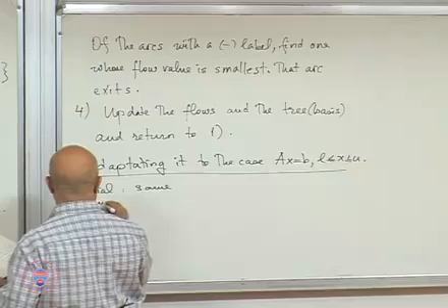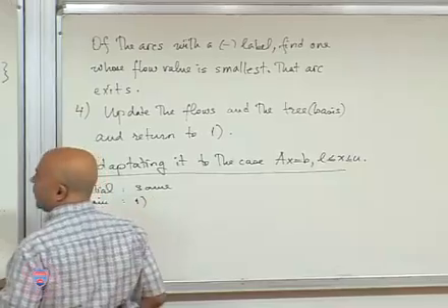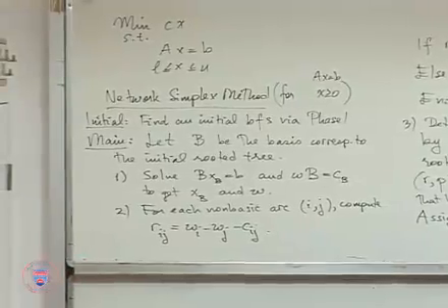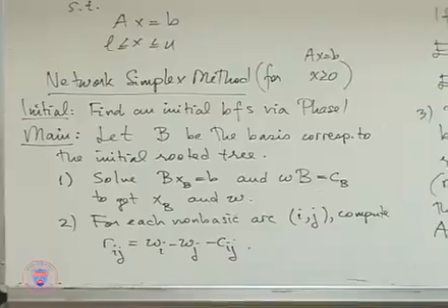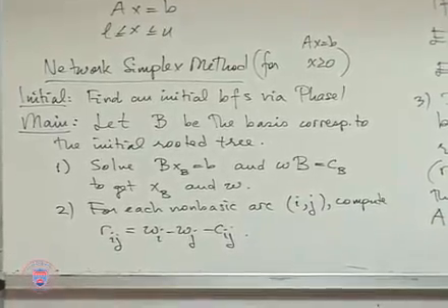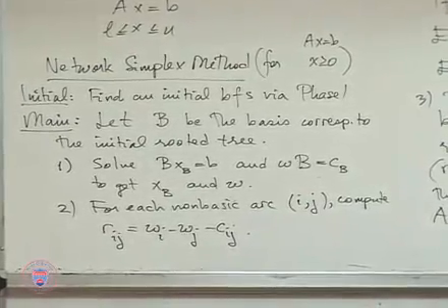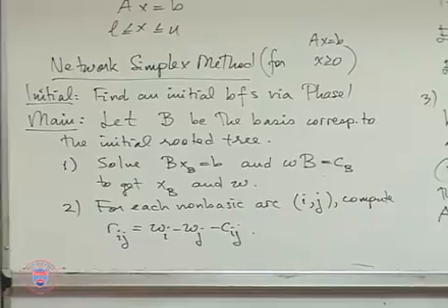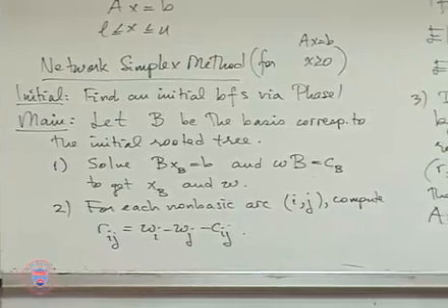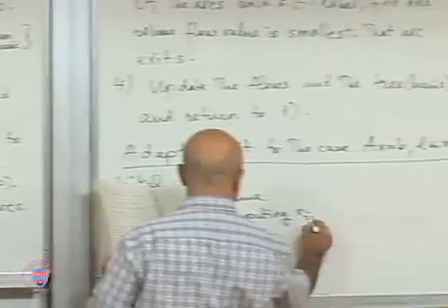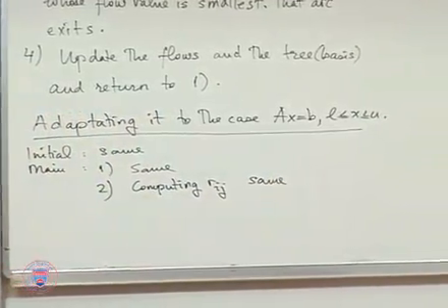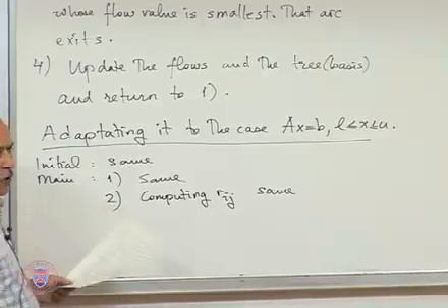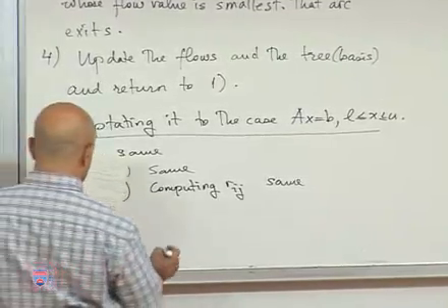The main step, step 1, nothing changes as far as I can see. Step 2, the computation of the Rij's are the same, nothing changes there. However, your conclusion will change.